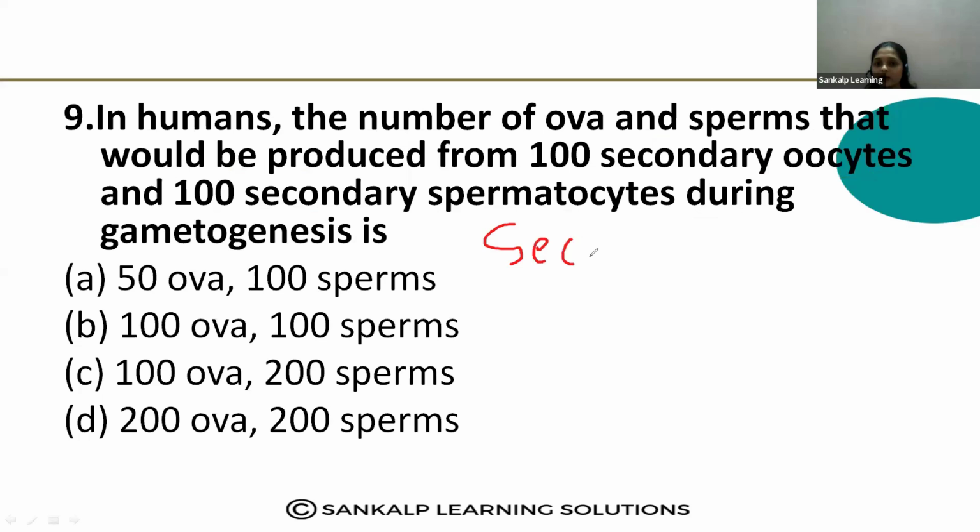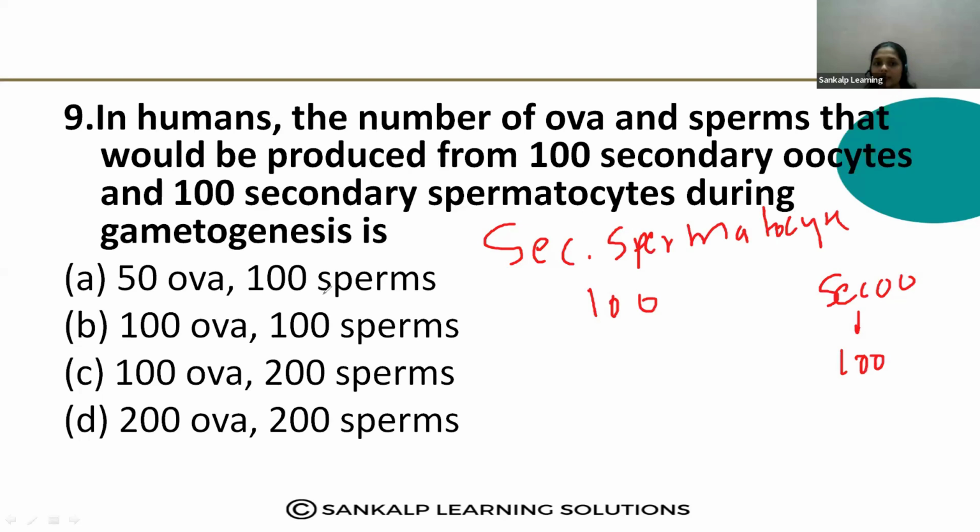Secondary spermatocytes are also 100. How many sperms and how many ova are produced from these?